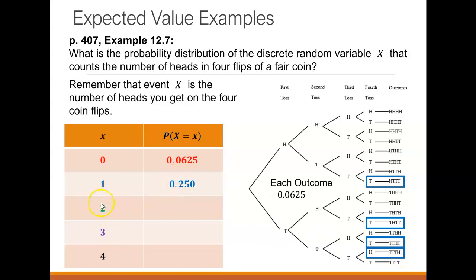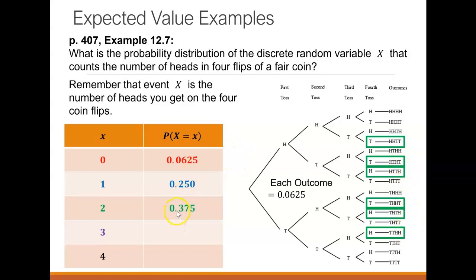I'm going to look for the outcomes where I have 2 heads. So 1, 2, 3, 4, 5. Nope, there's a 6th one there somewhere I missed. I don't know where it was. Anyways, 6 of them. So again, six times 0.0625 gives me 0.375.